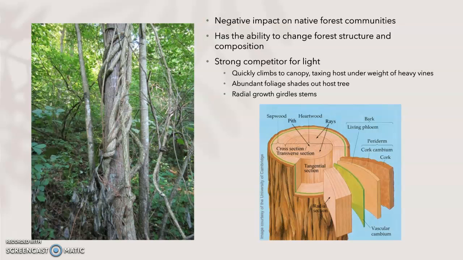They have the ability to change the composition of the forest because the weight of the vines compromises the trees and makes them more susceptible to storms and wind, and it takes them down. The weight can also break branches and prevent the tree from optimizing photosynthesis.